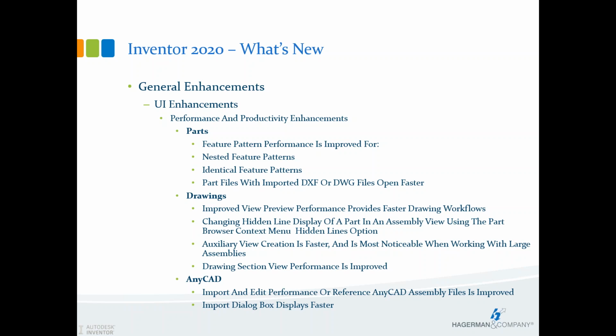On the drawing side, we've got some updates. Hidden lines on large assemblies, hidden lines on small assemblies, auxiliary views, especially if you're working with large assemblies, 5,000 plus components. The auxiliary views used to slow down, you get the not responding, not anymore. So much faster here with 2020.